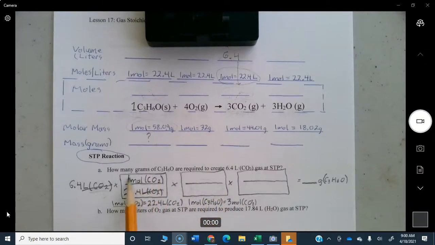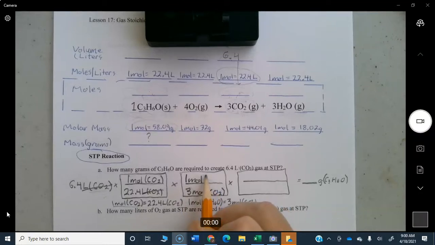It's the one that's identical to this, moles of CO2. So it's this one right here, and the other one goes on top. So moles of CO2 cancels with moles of CO2.